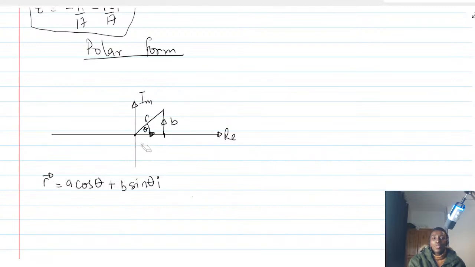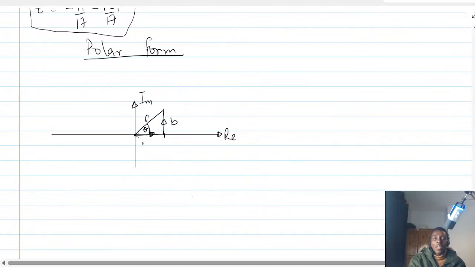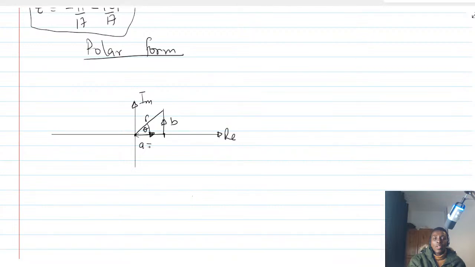Sorry, let's do it this way. So what we have here is actually R cos theta. Sorry. So in other words, A is equal to R cos theta, and then B is equal to R sine theta.